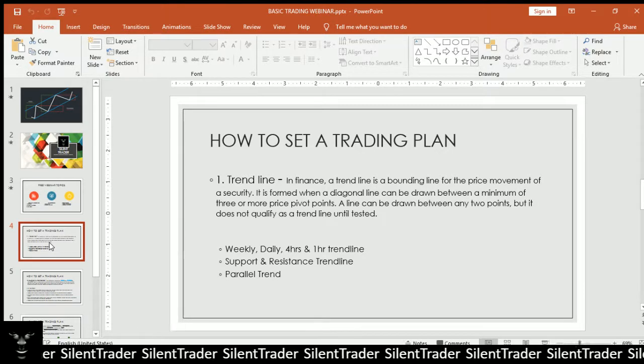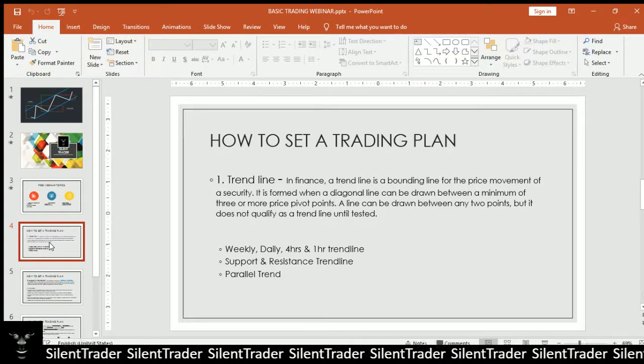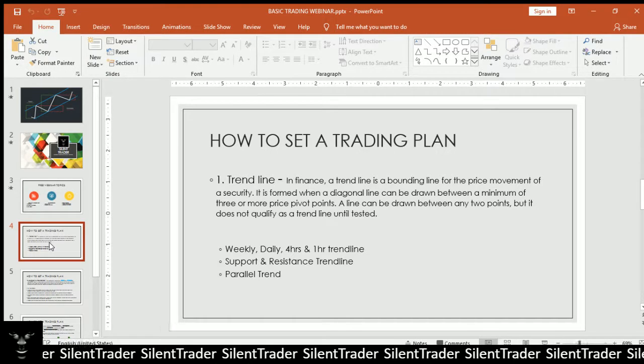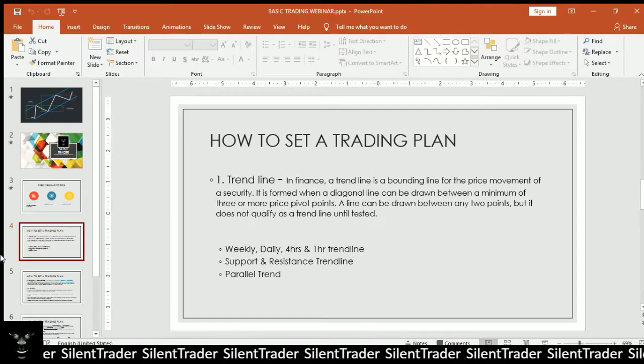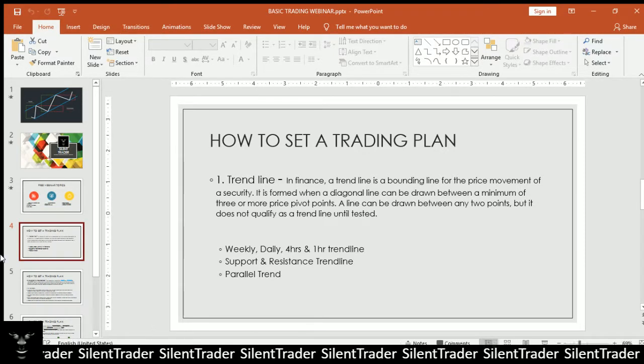It is formed when a diagonal line can be drawn between a minimum of 3 or more price pivot points. A line can be drawn between any 2 points, but it does not qualify as a trend line until tested. So that's the meaning of a trend line.